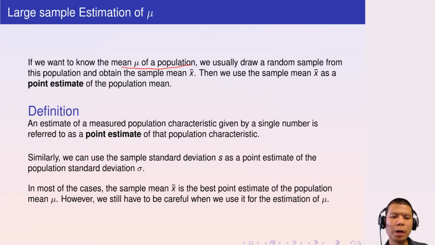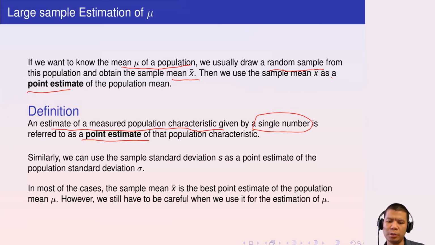If we want to know the mean value of a population, we usually draw a random sample from this population, obtain the sample mean, and use the sample mean as a point estimate of the population mean. So the estimate of the mean is given by a single number. It is referred to as a point estimate of the population characteristic because it's just a single value.